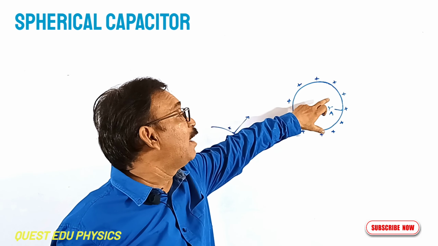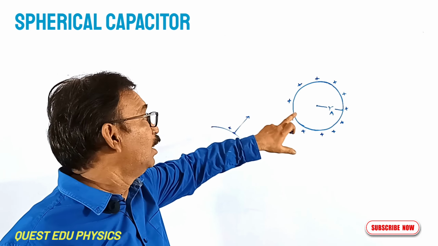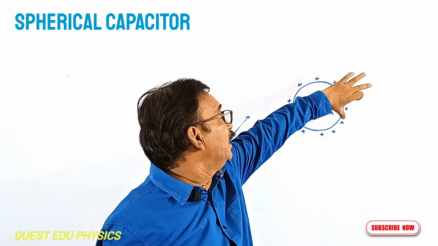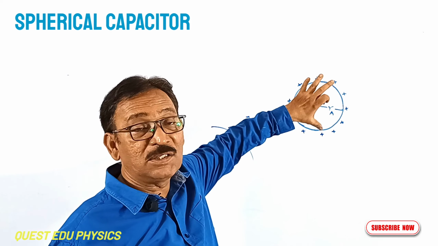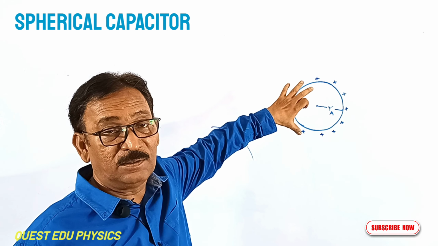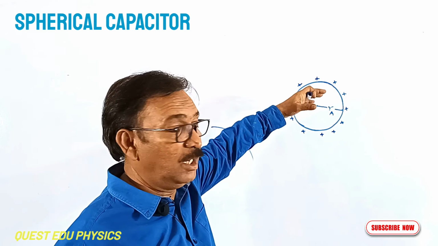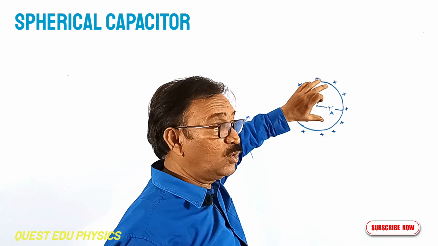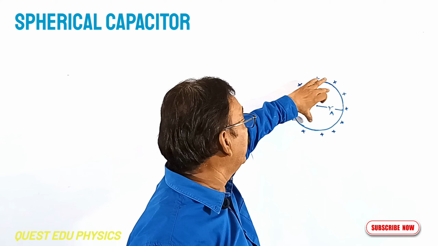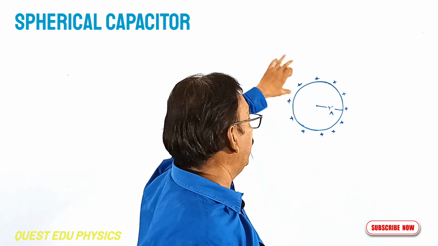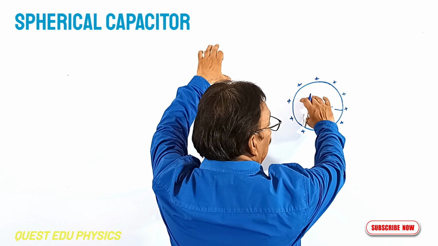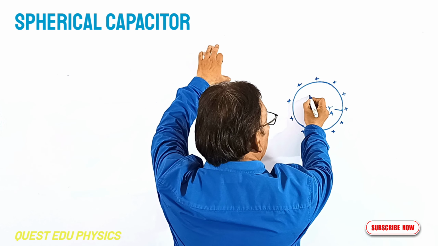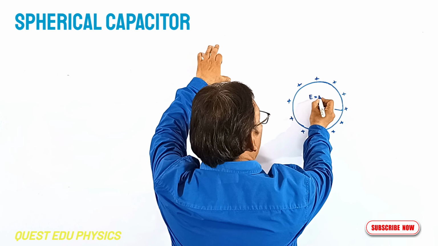The same thing will happen with this. We are keeping this one inside another concentric sphere, I said, students. Here I used the word electrostatic shielding. This region is electrostatically shielded, students. That means inside, the electric field is zero.